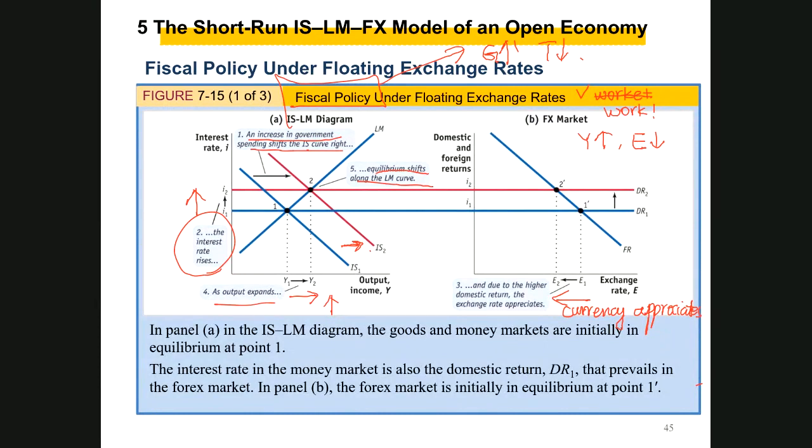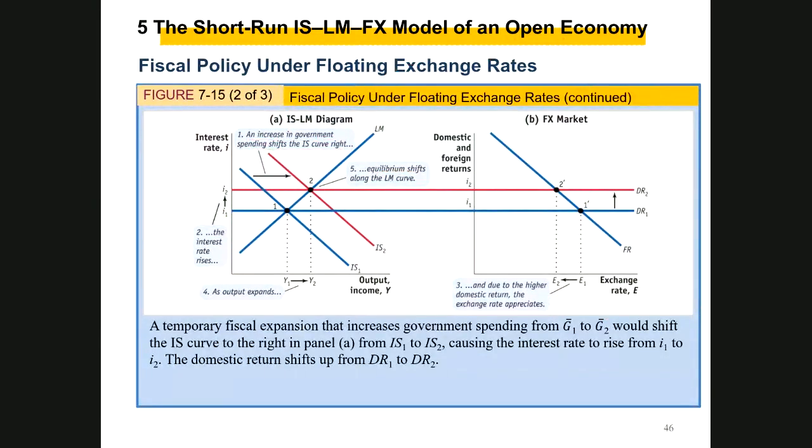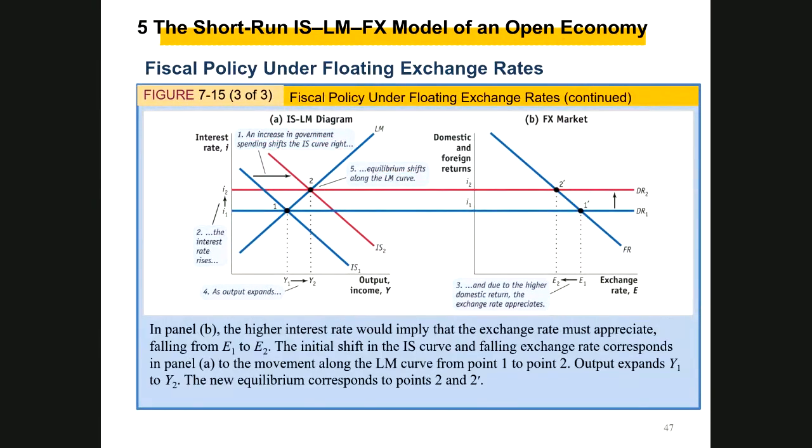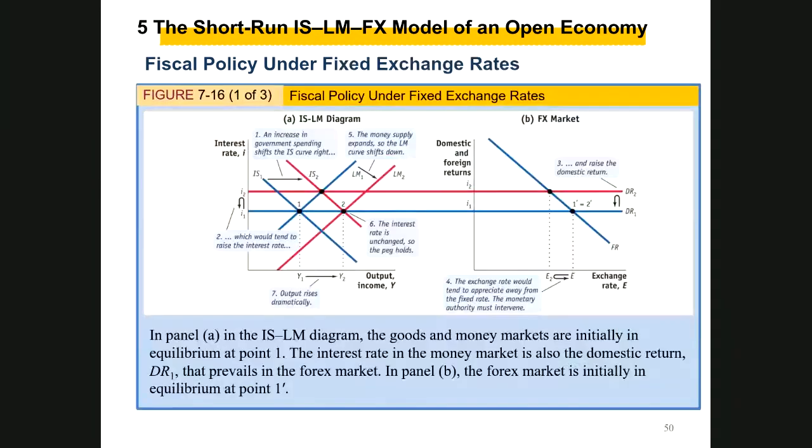What about the expansionary fiscal policy under the fixed exchange rate regime? So let's take a look. Firstly, an increase in the government spending shifts the IS curve to the right. Right?